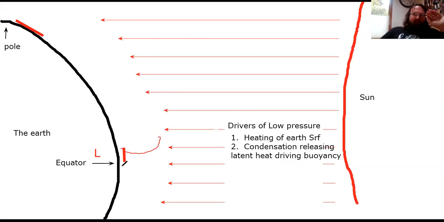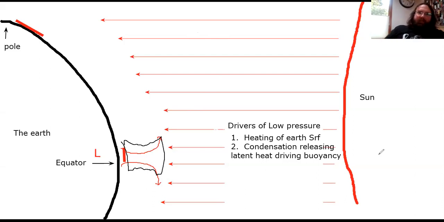Eventually this rising air at the equator reaches the tropopause and then has to travel forward. These little red arrows are the rising air at the low pressure system. From space, you'll see the formation of lots of big, tall, puffy clouds, clouds with anvil tops like we talked about in Thursday's lecture.